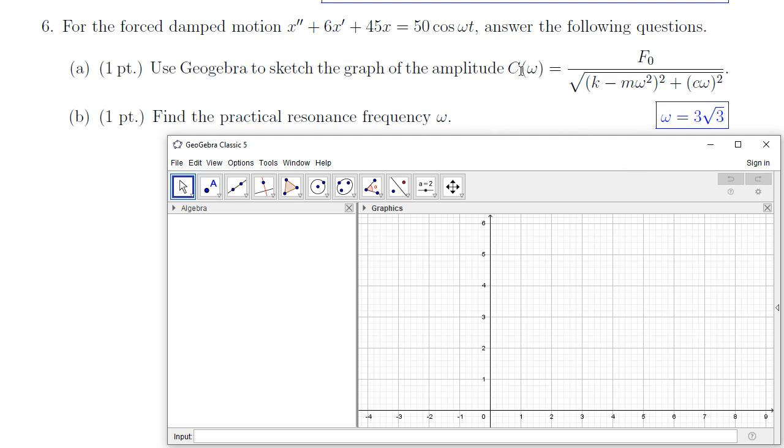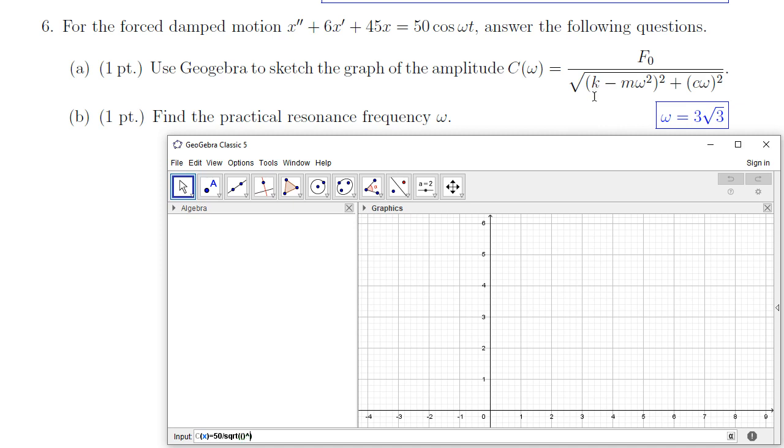So C of omega. GeoGebra uses x, so I'm going to just call this C of x, is equal to F0, which is 50, so I'm just going to type in 50, divided by a square root of, here you have a quantity squared.